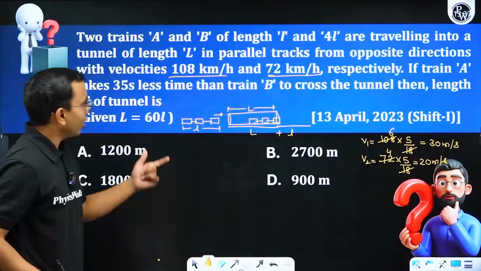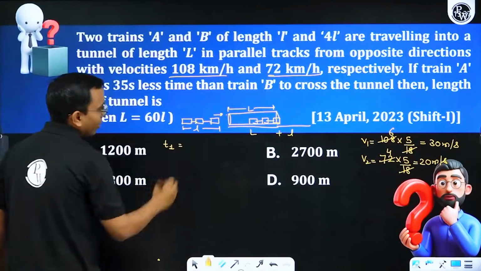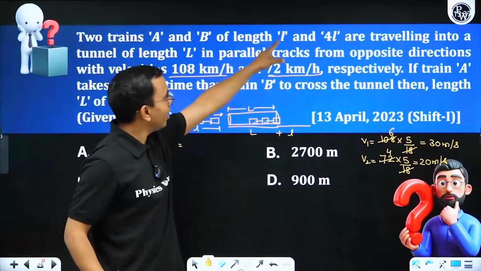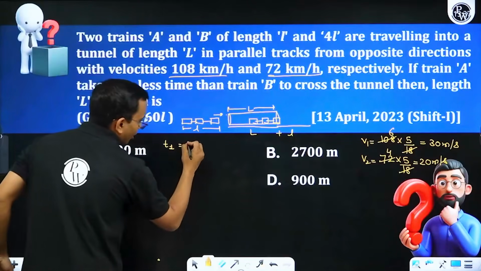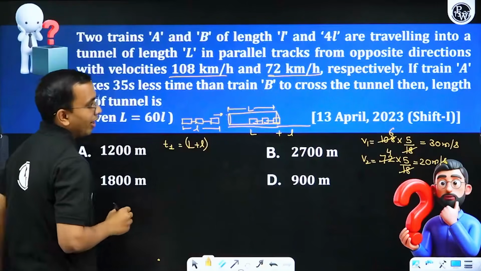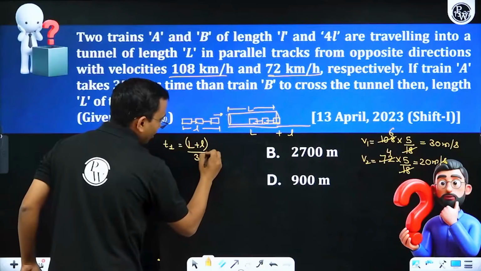Getting it? Now if I write the time it takes for train A, T1, how much is the total length? Length of A is l, tunnel length is capital L. So L plus l divided by the speed 30. What is T2?